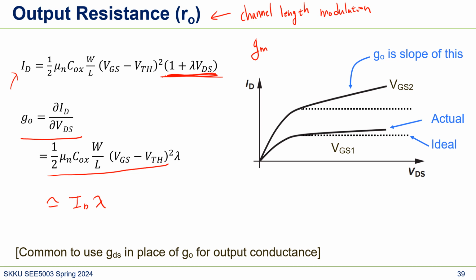Again, this happens a lot. It just makes the equation simple and gives a very nice intuition. So GO is lambda ID, but usually what we use is 1 over lambda ID, and this RO is what we usually use. That's why we call it output resistance. We will see how it looks in an NMOS small signal model.